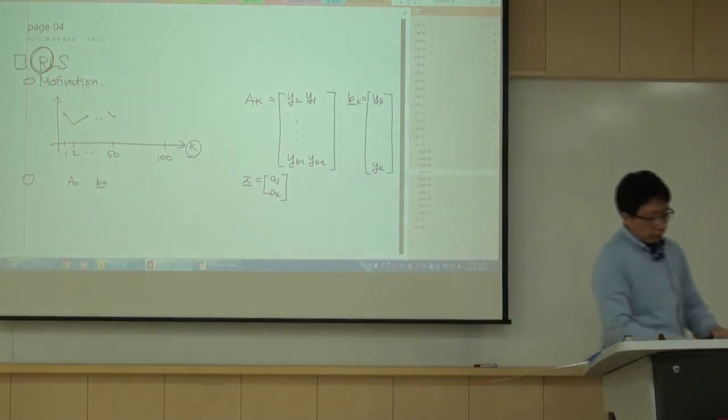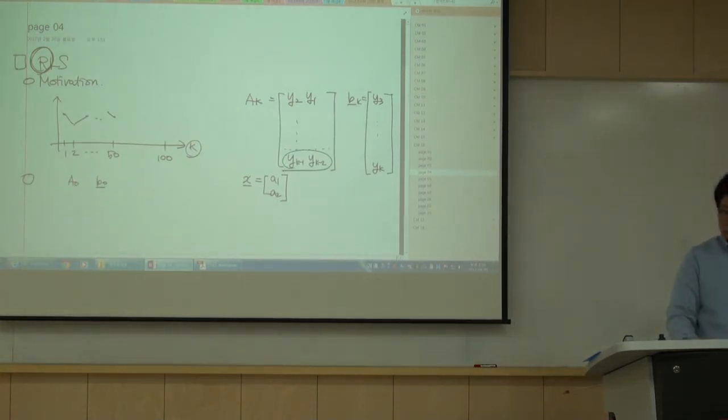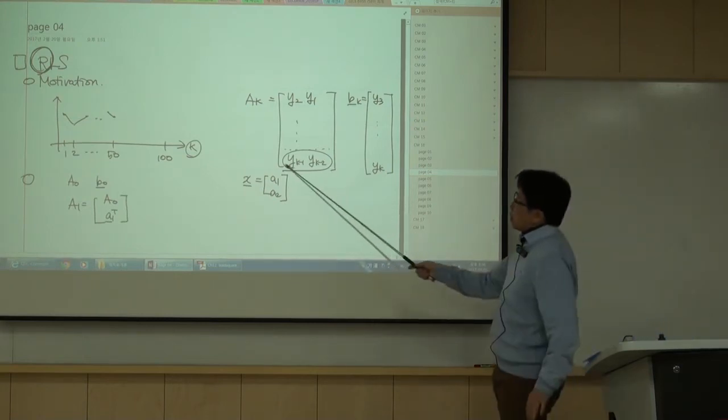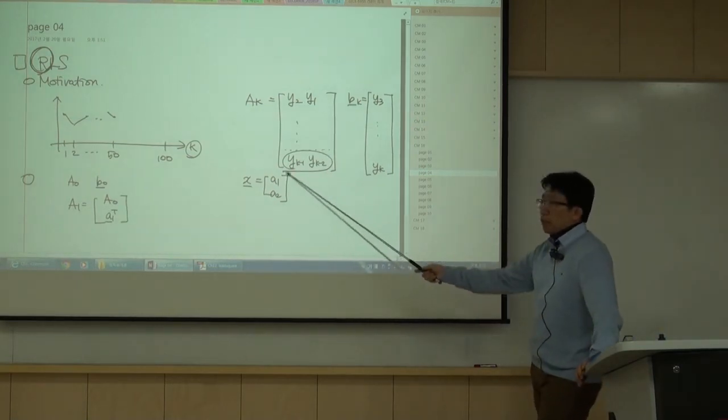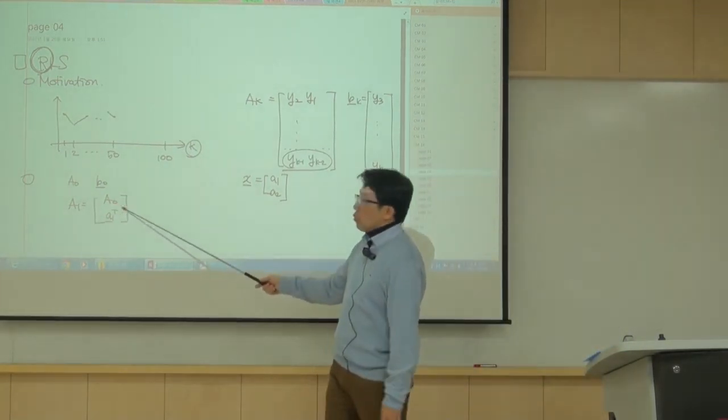Now, we add one more line here. That is called A1. So A1 is A0 and one more line. That one more line is written as a1 transpose. As you see here, it's a row vector, so the authors named it a1 transpose.